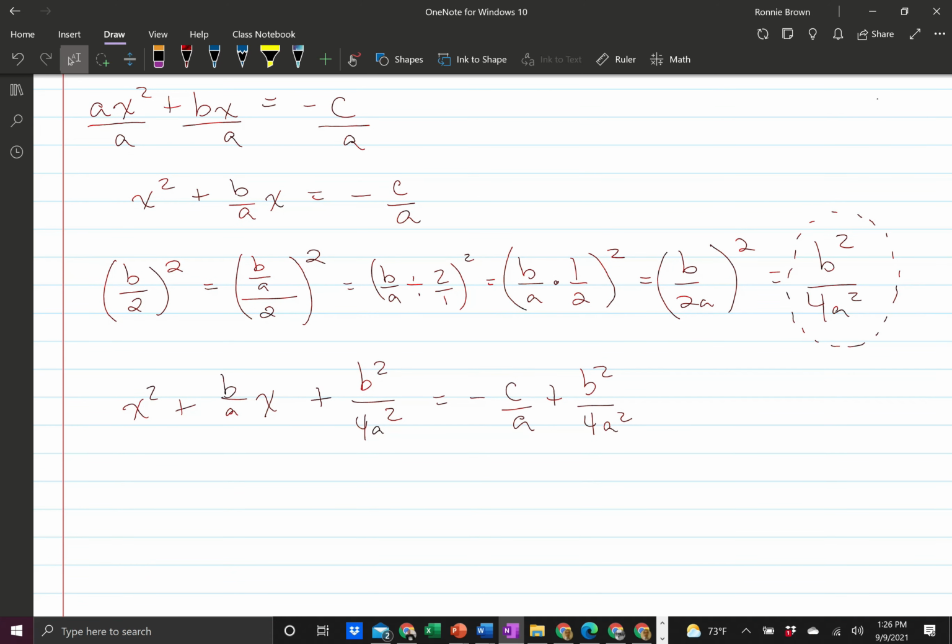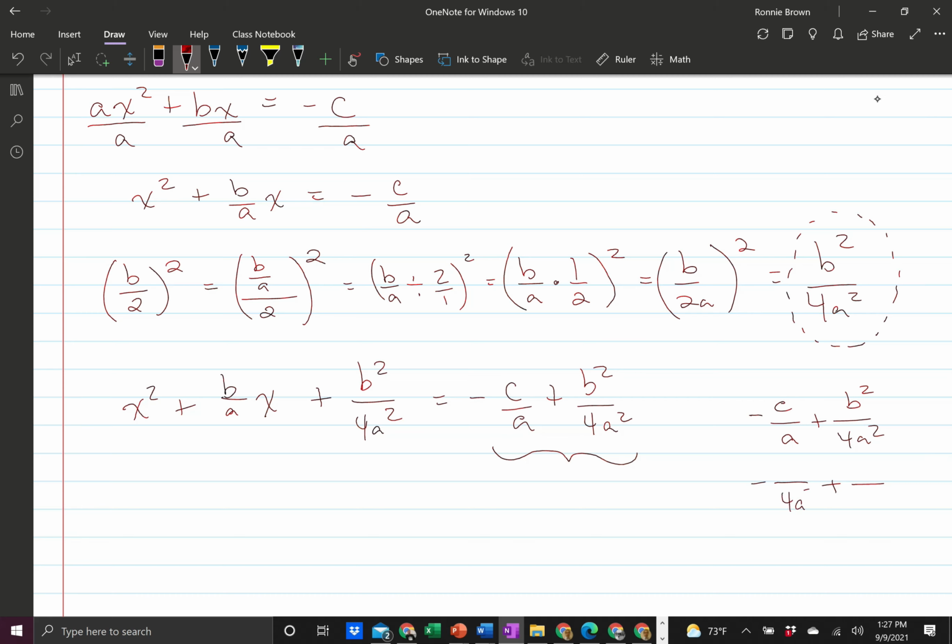Alright, before moving on to the next step, the thing I want to do is just clean this up a bit. So I'm going to go ahead and add those two fractions. I'll show my work on the side over here. Negative c over a plus b squared over 4a squared. In looking at this, these two fractions have different denominators, and we were always taught that when that's the case, we need to find the LCD.